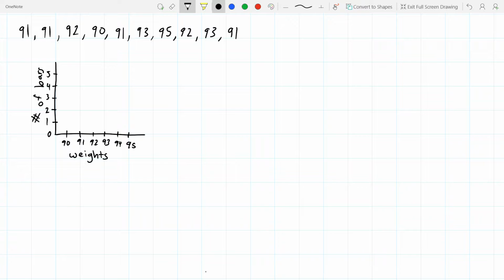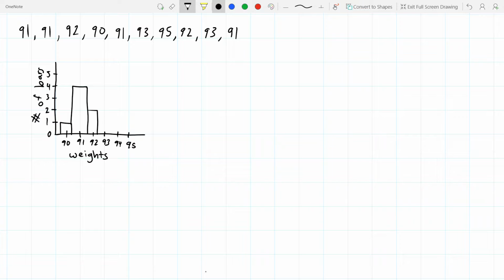So, okay, let's first look at chocolate bars that weigh 90 grams. So we have one bar. Okay, so then at 91 grams, we have 1, 2, 3, 4 bars. Okay, then 92, we have 1, 2 bars.